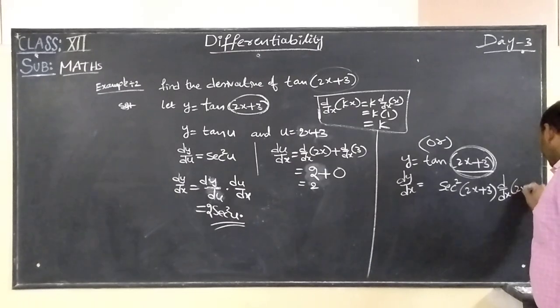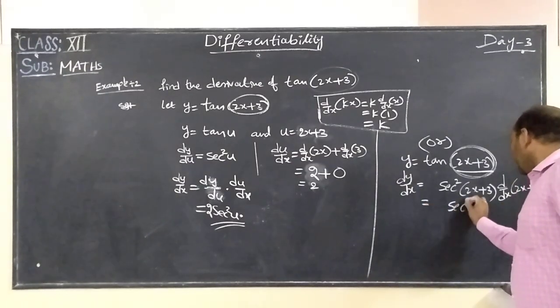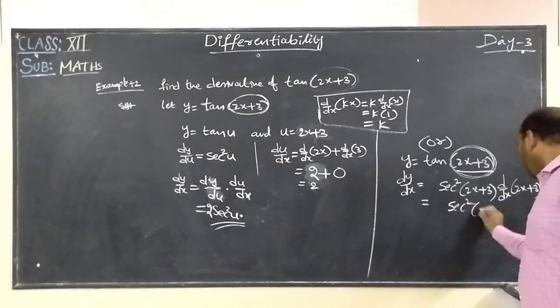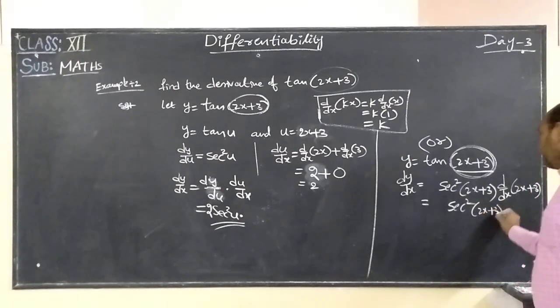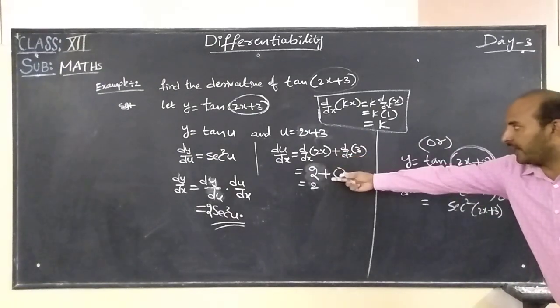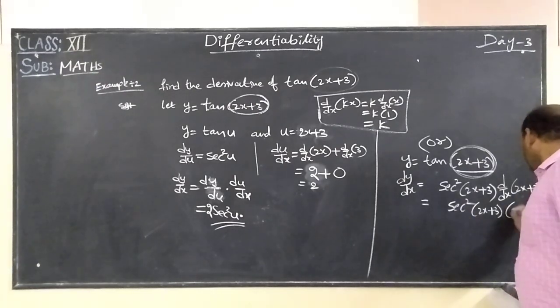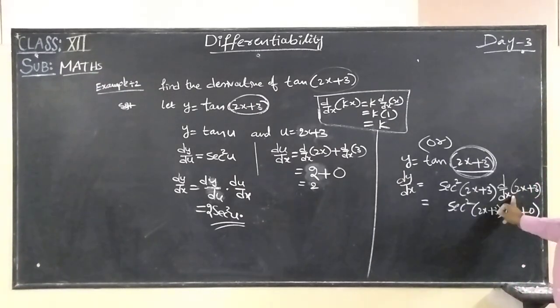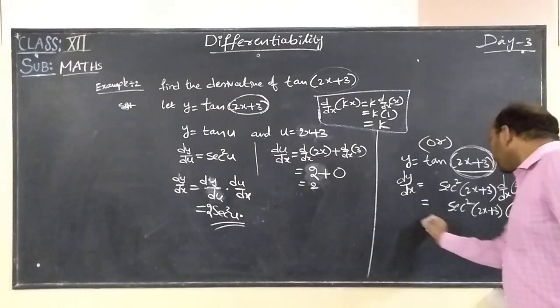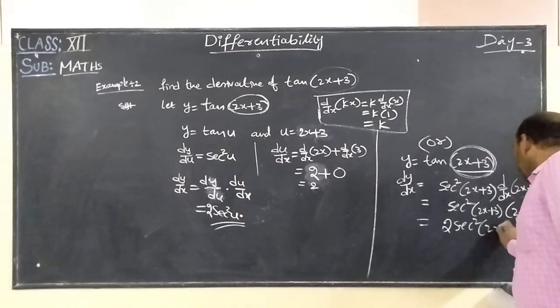This is equal to secant square of 2x plus 3 into the derivative of 2x plus 3. Derivative of 2x is 2, and the constant gives 0, so 2 plus 0. So it is 2 into secant square of 2x plus 3.